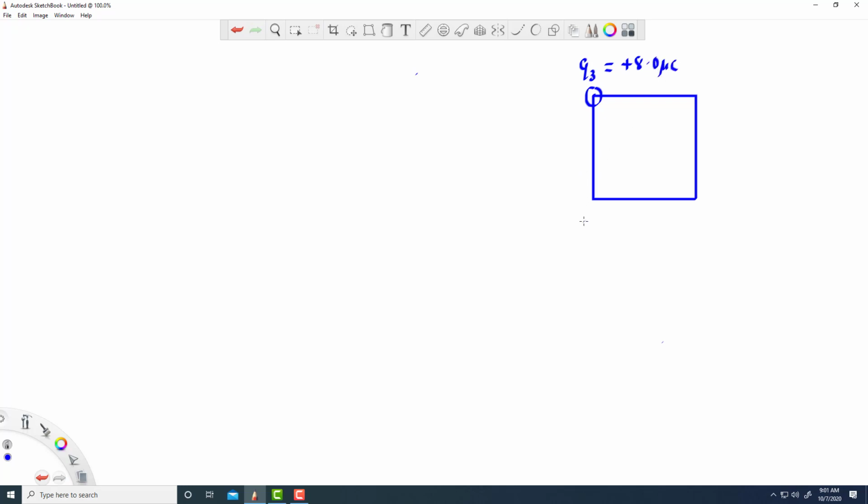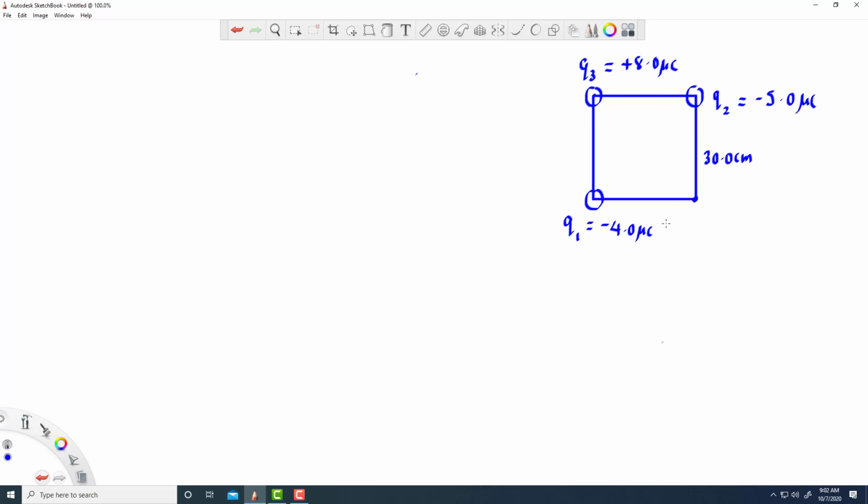There's one on this corner, which is Q1, minus 4 microcoulomb, and one on this corner, which is Q2, is minus 5 microcoulomb, and each side is 30 centimeters. So we want to find the net electric field on this corner.